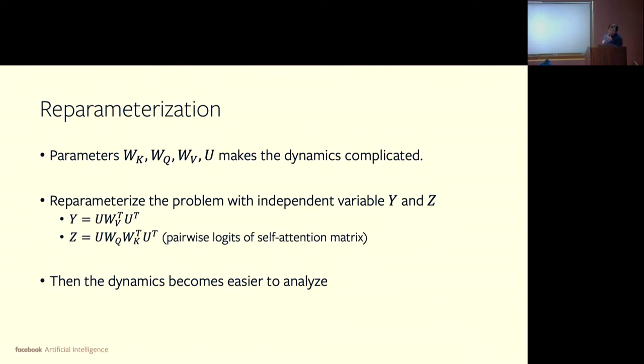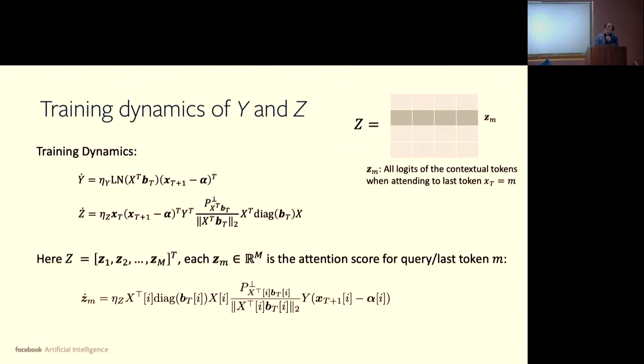So we reparameterize these many variables into Y and Z. Y is basically the top layer, the decoder weights, and Z is the pairwise logits of the self-attention matrix. Then suddenly the dynamics become easier to analyze, and we can actually come to some conclusions. So that's basically the major first step.